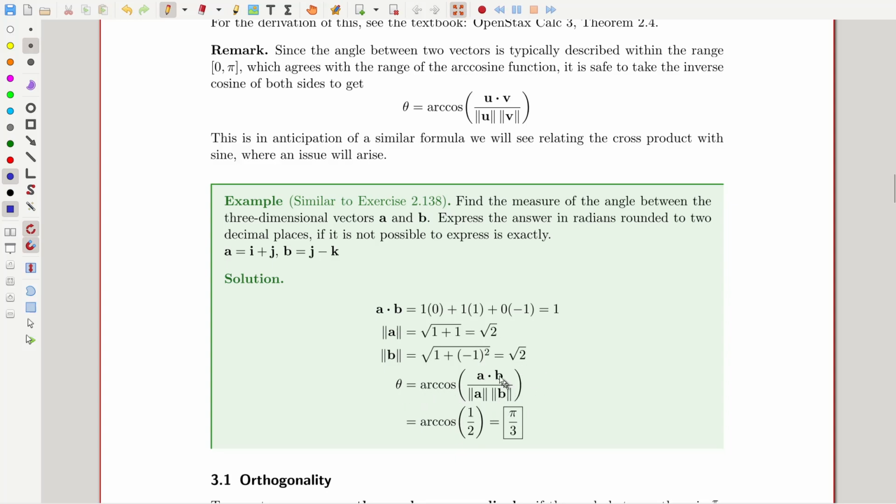So in order to plug into this formula, we need to compute the dot product, compute the magnitudes, which I've written out here. I think it's fine to follow how I did the computation. I've tried to write out the steps that one would encounter.